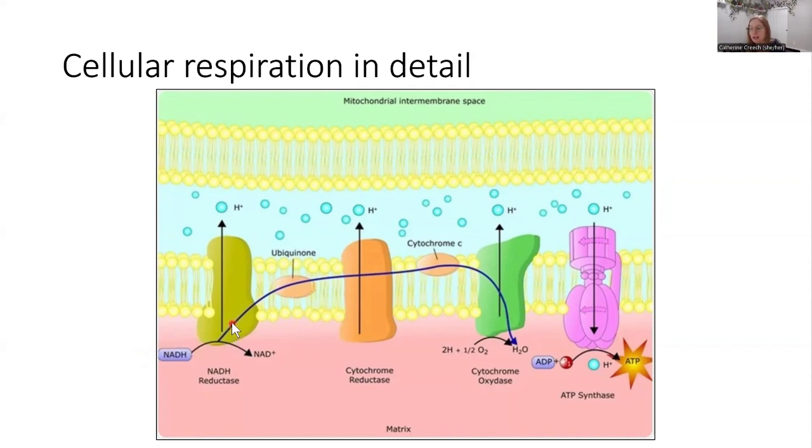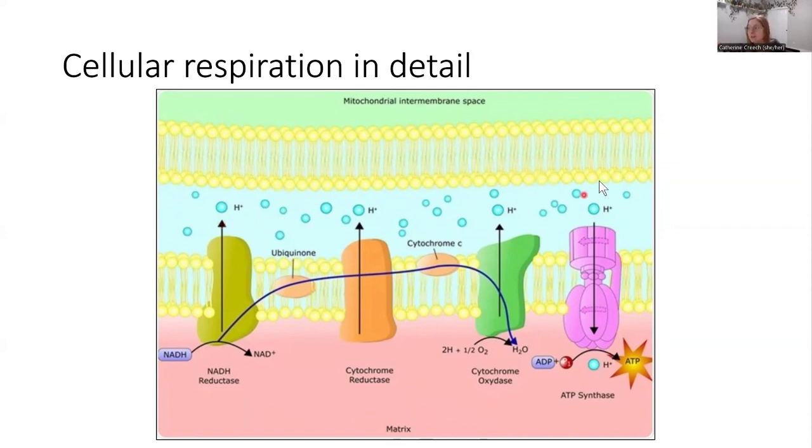So the electrons, as they are shuttled back and forth, their energy is used to pump hydrogen ions from the matrix into the inner membrane space. So this arrow is denoting hydrogen ions going into the intermembrane space. This creates a concentration gradient of lots and lots of hydrogens here and fewer hydrogens here. Hydrogen, just like all ions, does not want to be crowded. It wants to diffuse back into the matrix.